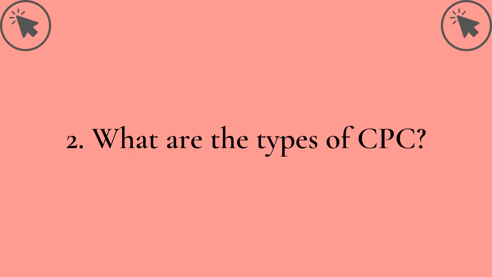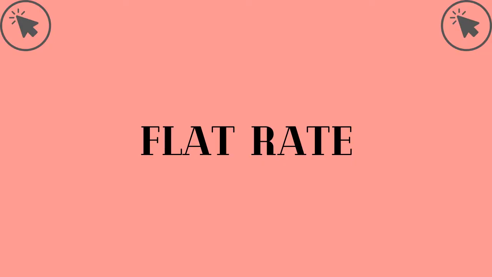Next, let's understand the types of cost per click. Now, there are two broad CPC types or models based on which you can design your CPC campaign. Number 1, flat rate. This is when a website or a search engine has a predetermined rate that they charge to advertisers. So if I go to them, they will charge me the same rate.